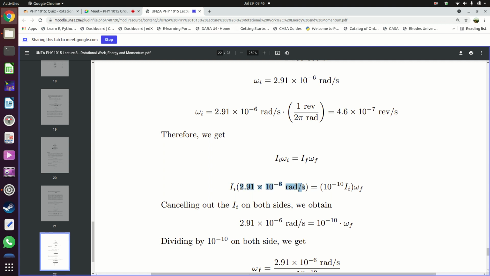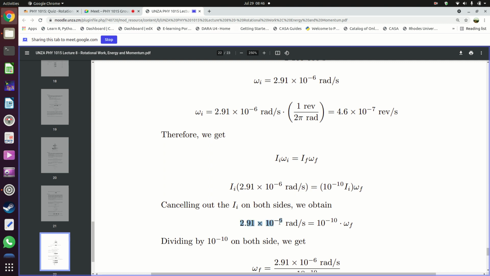This equals our final moment of inertia, which is going to be 10 to the power minus 10 I, the moment of inertia in terms of the moment of inertia of the original star, multiplied by the angular velocity of the neutron star, which is what you have here. We have I appearing on this side and I here, so we can cancel out those I's. So we're going to remain with only this term, then this, and that.